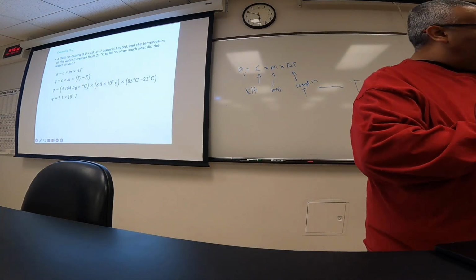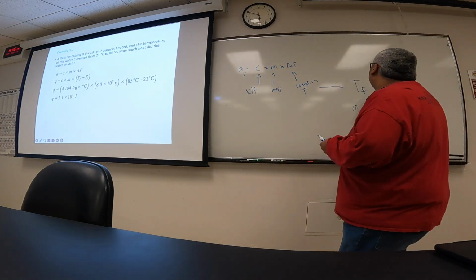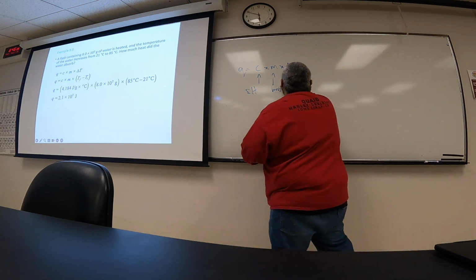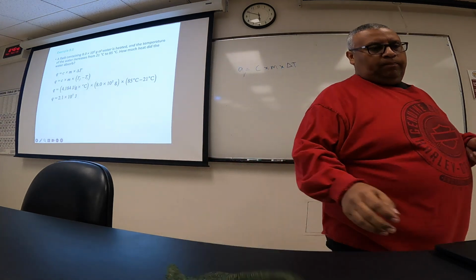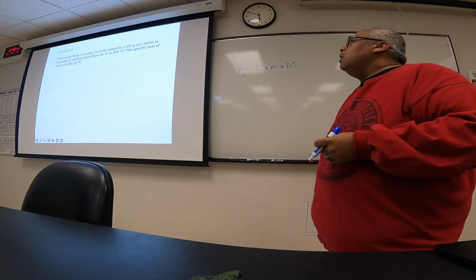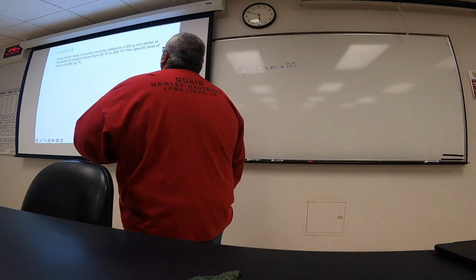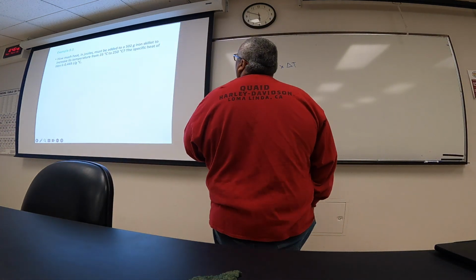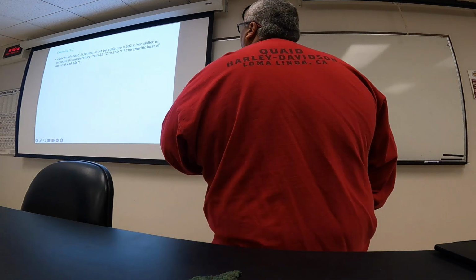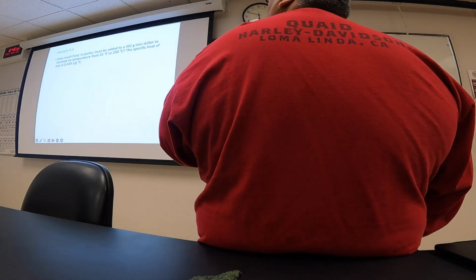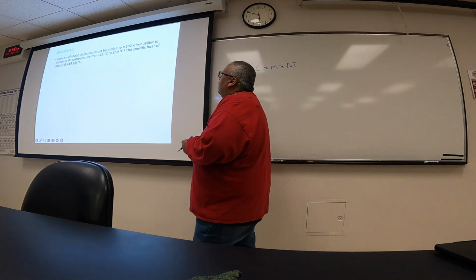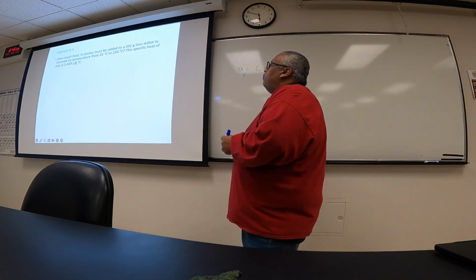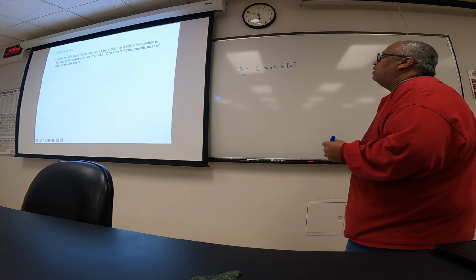So let's work out another problem using the same formula for heat. How much heat in joules must be added to 502 grams of iron skillet to increase its temperature from 25 to 250? The specific heat of iron is 0.449 joules per gram degree Celsius.